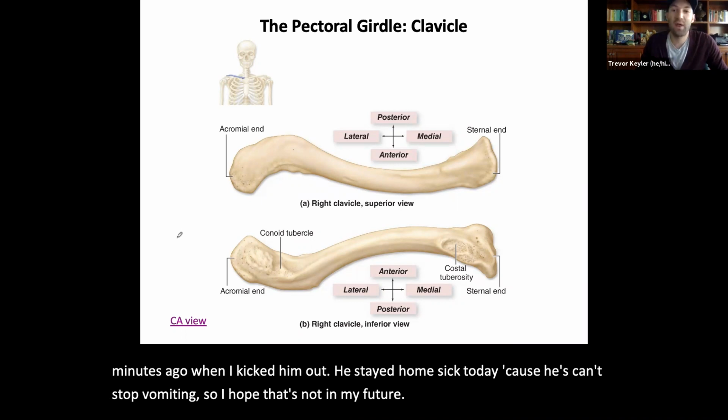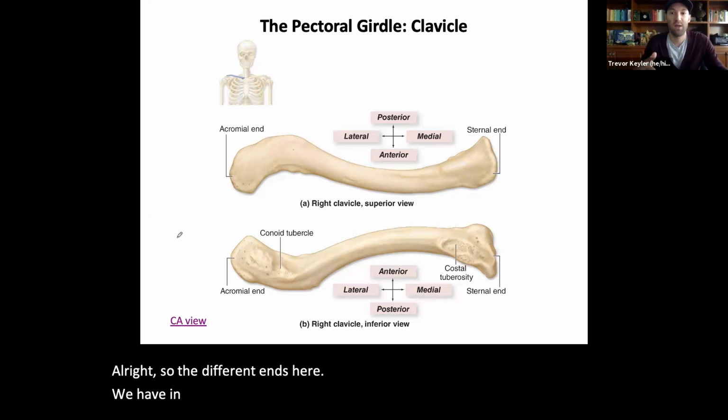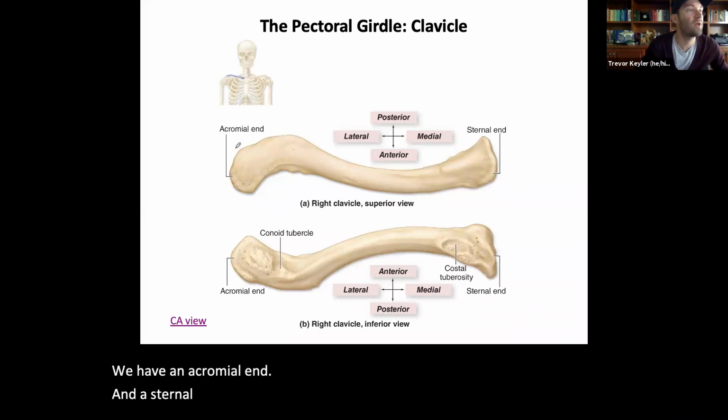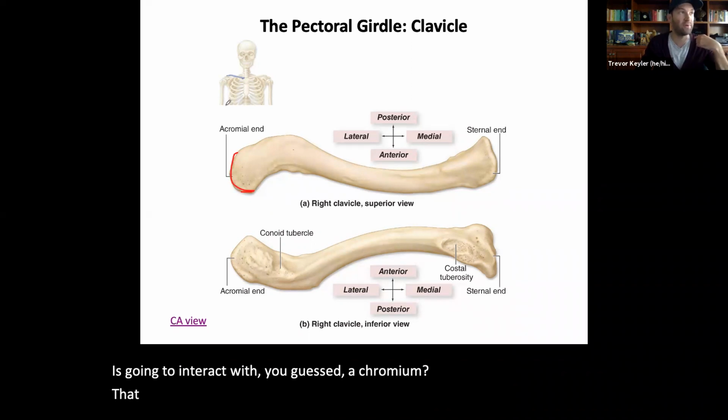All right, so the different ends here. We have an acromial end and a sternal end. The acromial end is going to interact with, you guessed it, the acromion, that projection of the scapula. So it's going to articulate there.